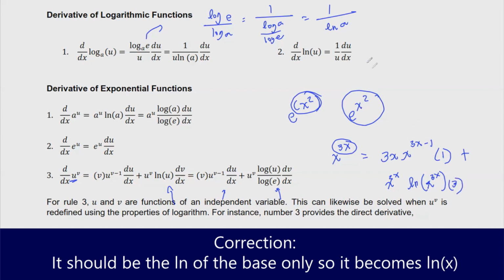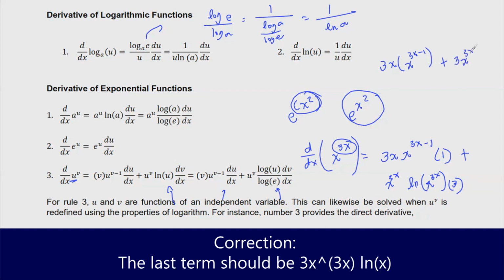So if we simplify this expression, you can have something like 3x times x raised to 3x minus 1, and then that is added with 3 times x to the 3x, and then ln of x. Okay, so this is the answer if you want to take the derivative of that expression.